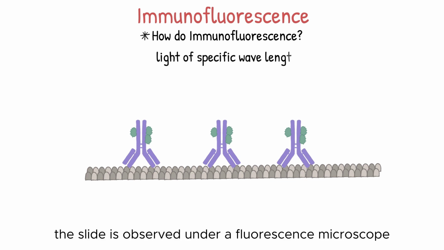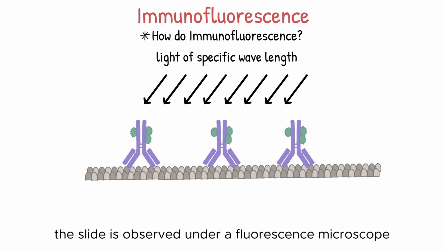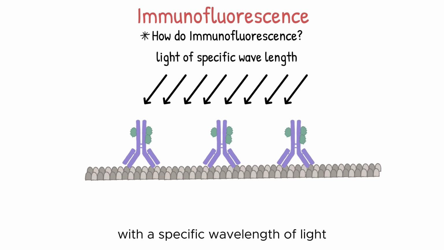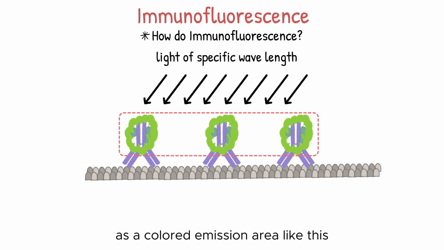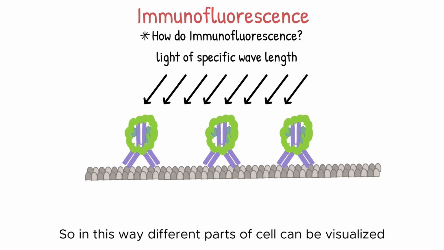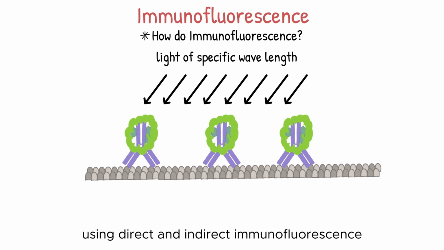Afterwards, the slide is observed under a fluorescence microscope, which illuminates the slide with a specific wavelength of light. And this light will excite the fluorescence so that it emits colored light at the target. So our target protein can be seen as a colored emission area like this. In this way, different parts of the cell can be visualized using direct and indirect immunofluorescence.